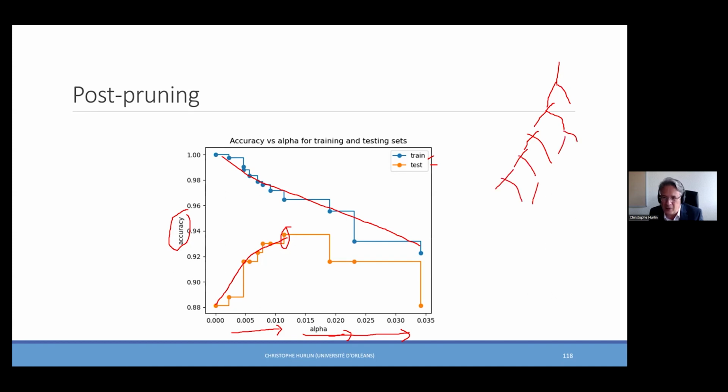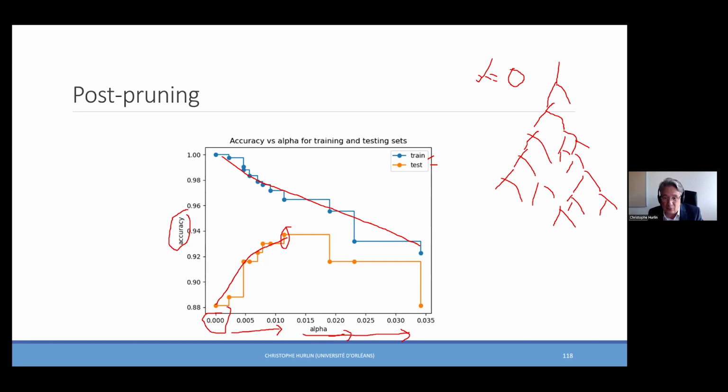It's clear? When alpha is equal to 0, this is a reverse way of thinking compared to pre-pruning. Initially, I put no constraint on my model, so the depth is very large. For instance, the depth is equal to 30. The model is very complicated because I put no constraint.